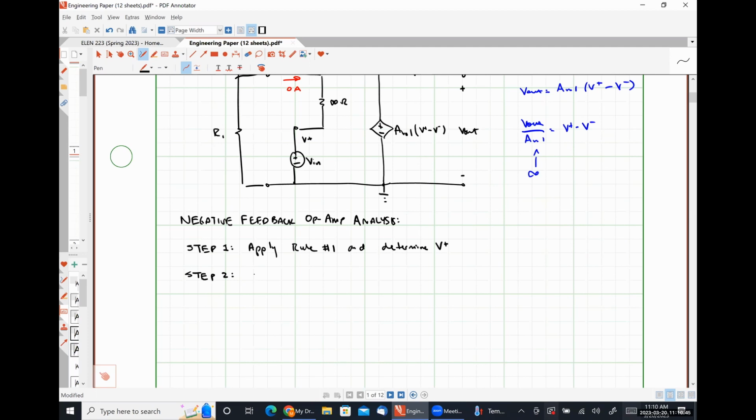Step 2 will be to apply rule number 2 and perform KCL at the inverting input node.